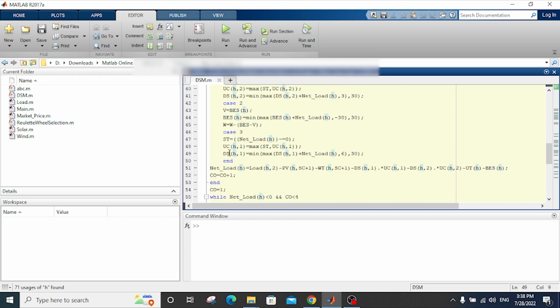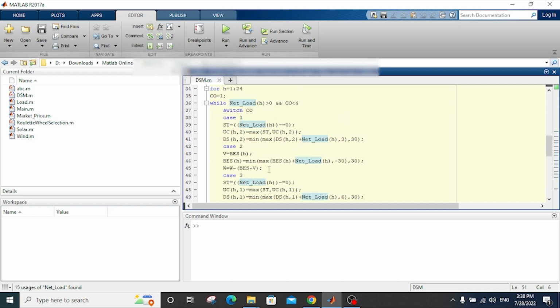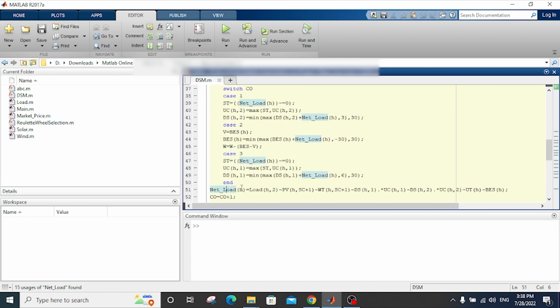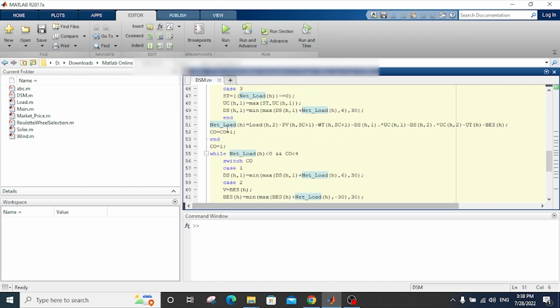The third case is to operate the fuel cell generation. After applying case 1, we calculated the net load, and we increased the counter, and after calculating the battery, the loop is still active. It finishes when maybe the net load is equal to 0, or the counter exceeds 4.